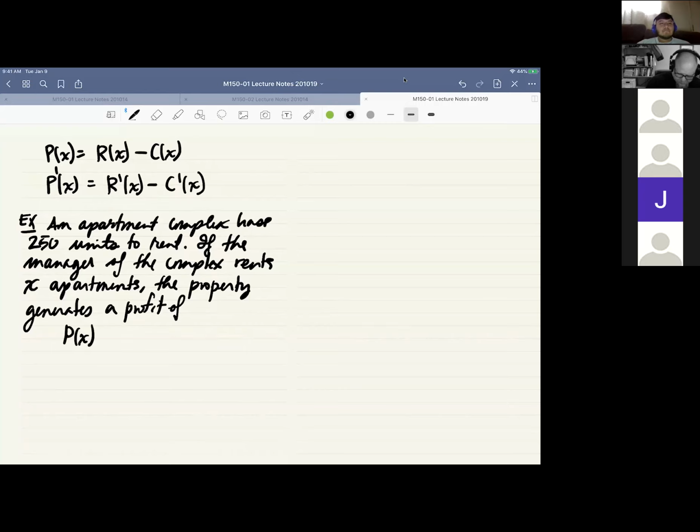P of X equals minus 8x squared plus 3200x minus $80,000. Okay, so there's a profit function.